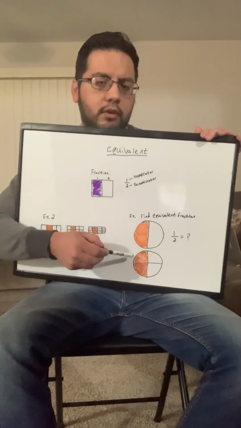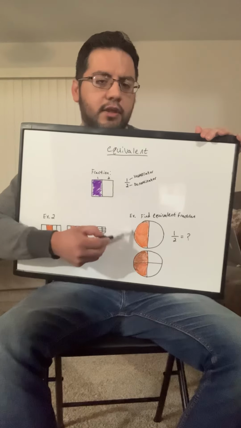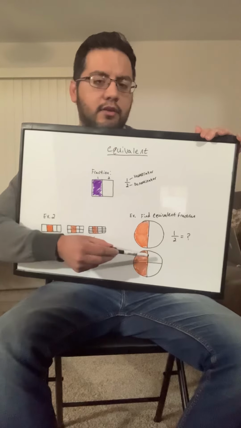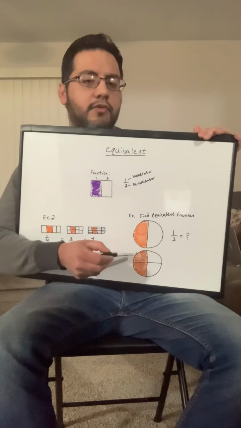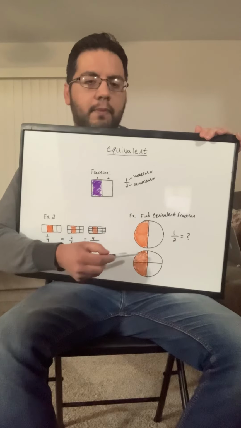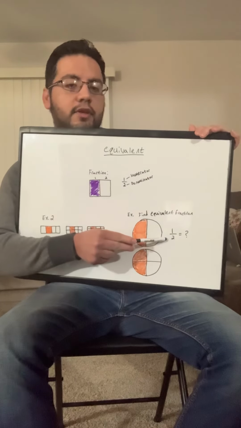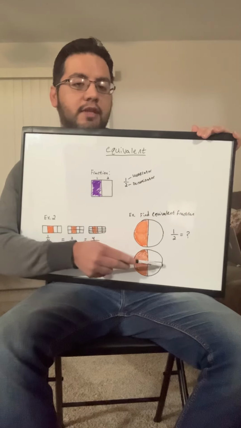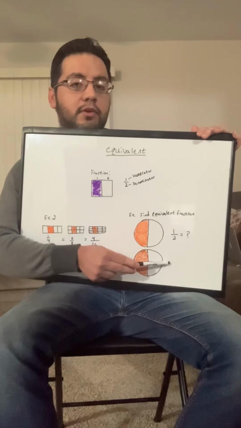So let's say you and your friend decided to split it up into 4 separate pieces. Well, the shading part, as you can tell, has stayed the same. The only thing that's changed is the number of slices. The number of slices is now 1, 2, 3, 4. So the denominator is no longer 2, because now you have more than 2 pieces. Now you have 4 pieces, so the denominator here is going to be 4.